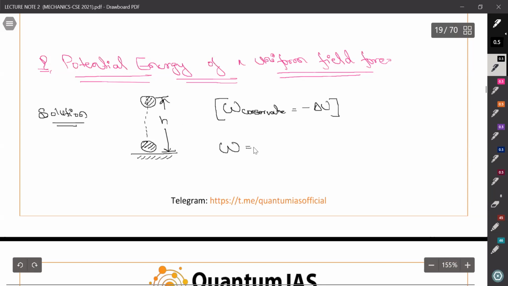So let's suppose this as x-axis, this as y-axis.